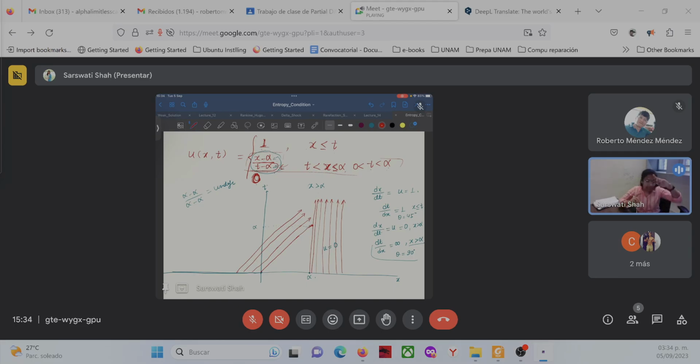Now the other characteristics can also go beyond this line and intersect. But we are very interested in the characteristic that is intersecting at the very first point, the first time t equals tc, that is basically the minimum of the time. So we are interested in the first point.